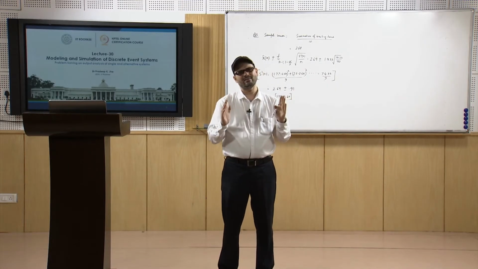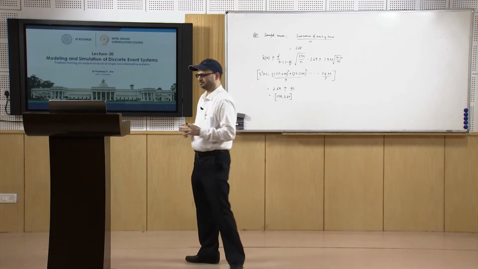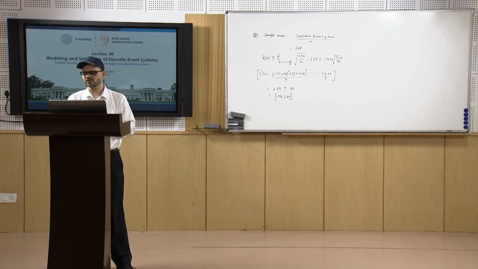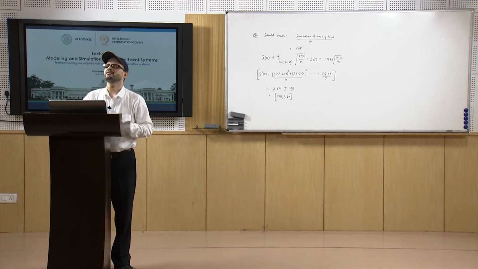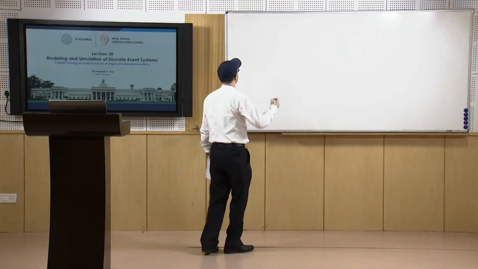So, we have to have the interval for the difference of the mean values of these two policies. In this problem we are getting the difference of the values here and here, and we will make another column for that.